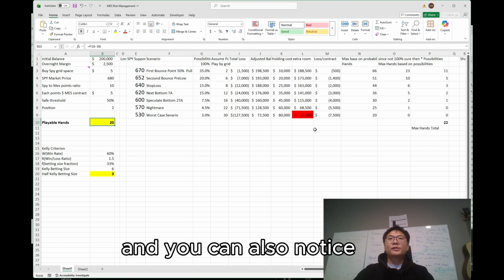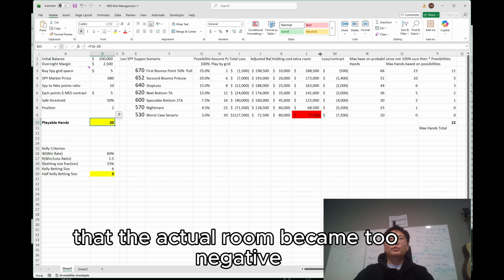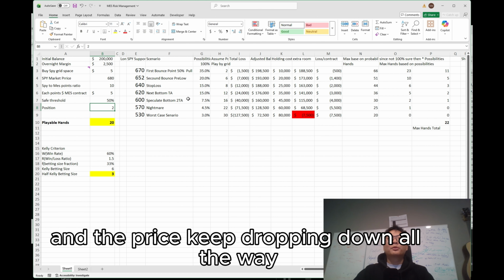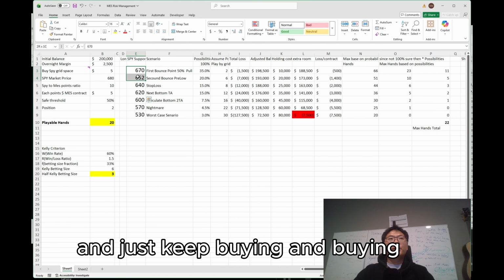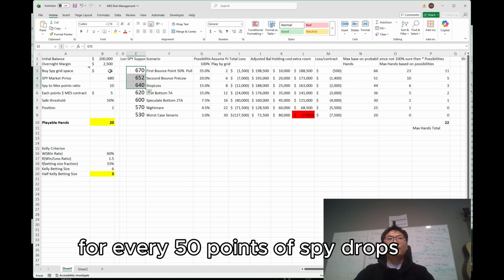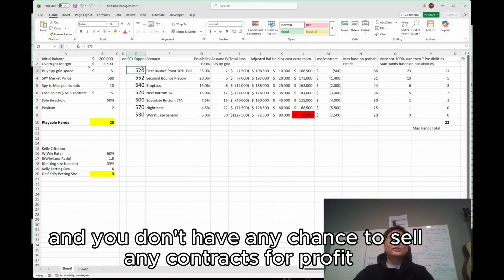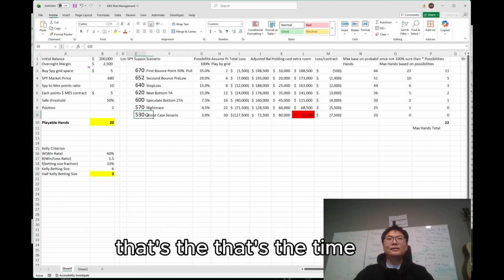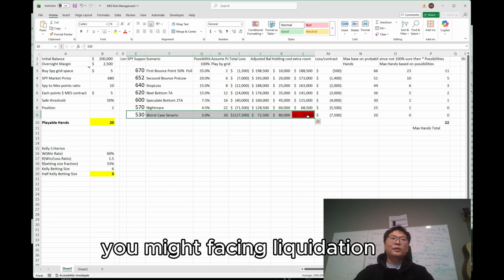And you can also notice that the actual room became negative. It means if you hold two positions here and the price keeps dropping all the way, and you just keep buying and buying for every 50 points SPY drops, and you don't have any chance to sell any contracts for profit, and your actual room becomes negative, that's the time you might be facing liquidation.